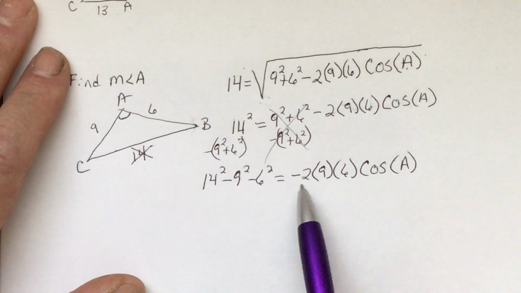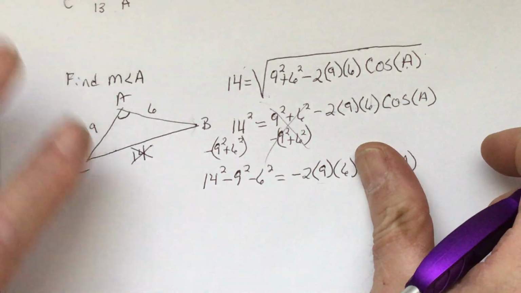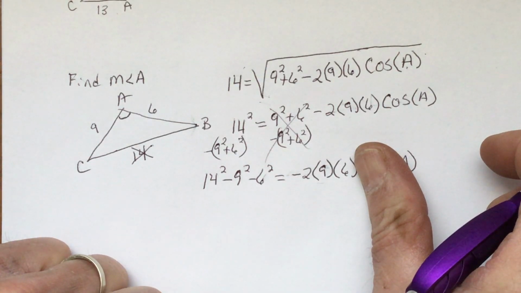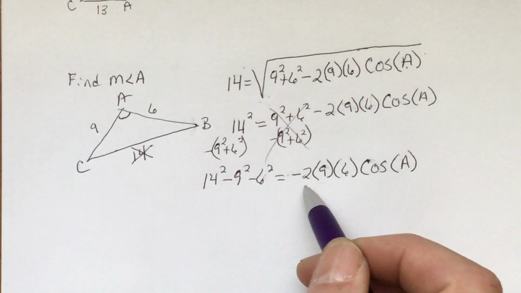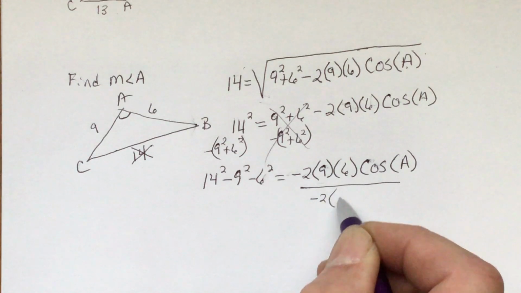All of this is being multiplied. You can go ahead and multiply these numbers together to make it easier, negative 2 times 9 times 6, so that it's just one number that you're going to divide by. Or you can divide by those numbers being multiplied together just like this.